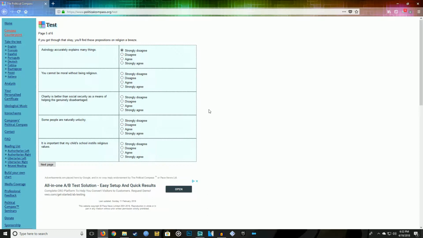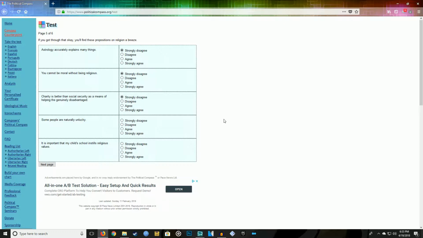Strongly disagree. You cannot be moral without being religious. Strongly disagree. I'm an atheist. I'm not religious. I am way more moral than a lot of religious people that I have seen. Charity is better than Social Security as a means of helping the genuinely disadvantaged. Strongly disagree. Social Security is necessary because not everybody is generous to give away their money.